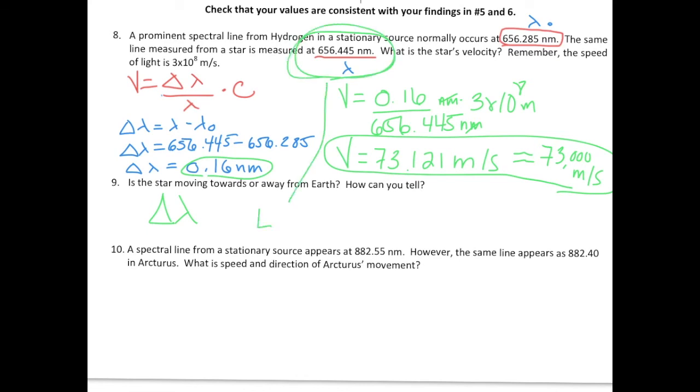And so a longer wavelength indicates that the object emitting the wavelength is moving away. Because this is a red shift, each successive wavelength is emitted from slightly further away, making the wavelength appear longer.